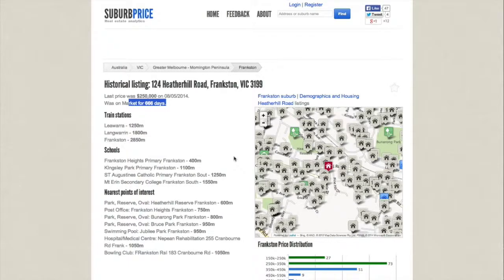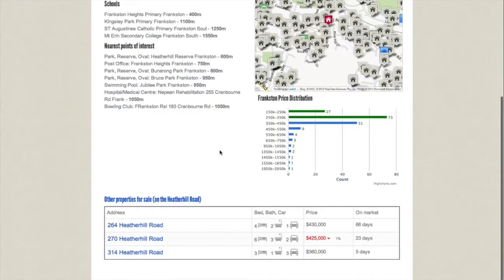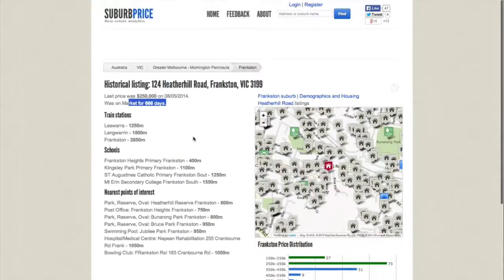What's wrong with it? That's what you've got to find out. Maybe it has a tree on it, maybe it falls under a particular zoning that doesn't allow people to develop, but there's something wrong with this property, and that's what you've got to find out.